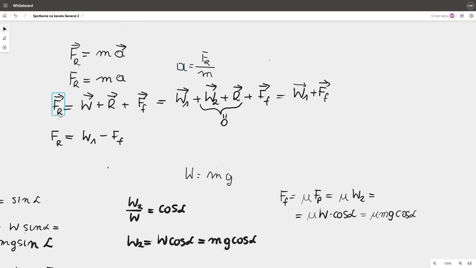Firstly, we'll find resultant force vector, here. It is sum of weight, normal force, and friction force. We can replace weight by its components.